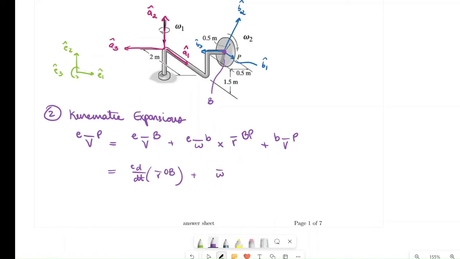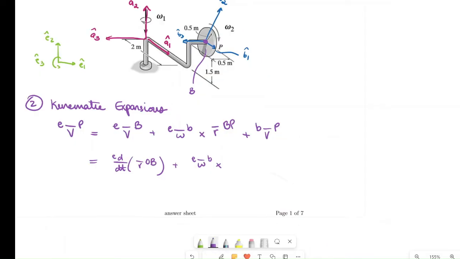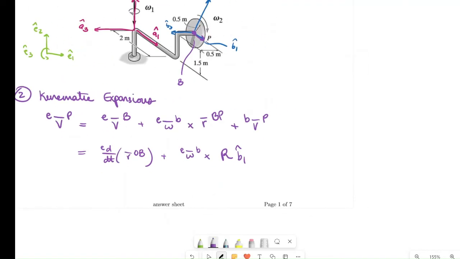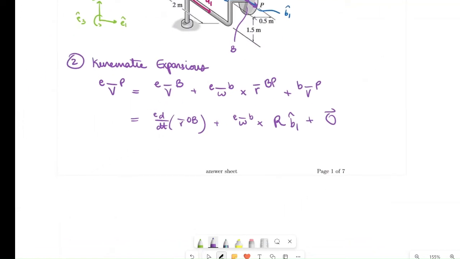So the angular velocity of the B frame with respect to the E frame, we found this before, and I'm not going to write it out in full, but if you go to the first part where we used BKE, we did find the angular velocity of B and E. It was through the complex rotation stuff. And then we have R BP, which is just going to be R B1 hat, right? Because going from B to point P, you just go a distance R along the B1 hat direction. And then the velocity of point P in the B frame is going to be 0, because we already said that P is not moving in the B frame.